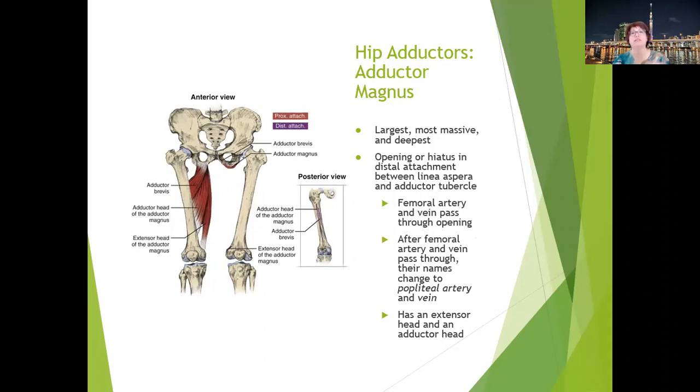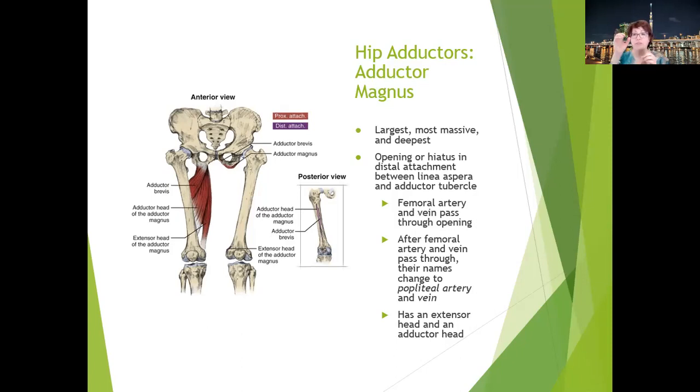So the adductor magnus is huge. It's the deepest and most massive of the adductors. It fills in all the space between your femur and the inner portion of your thigh. There is an opening, called the adductor hiatus, in the distal attachment between the linea aspera and the adductor tubercle.